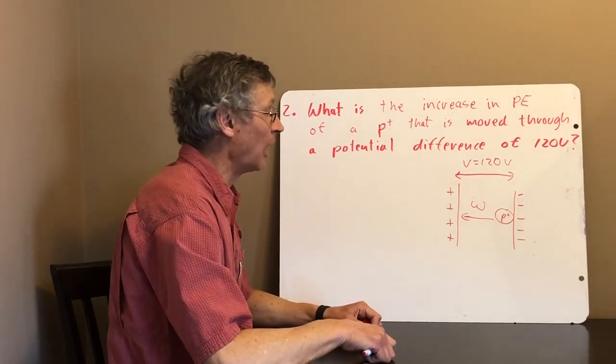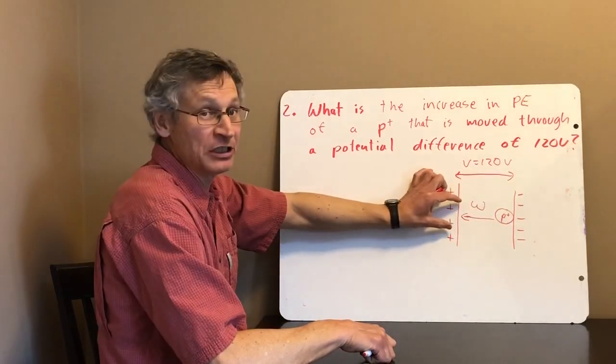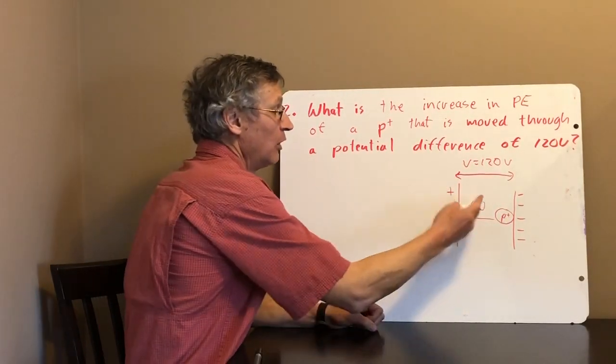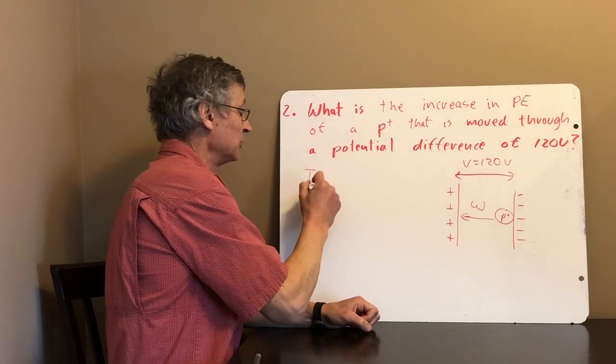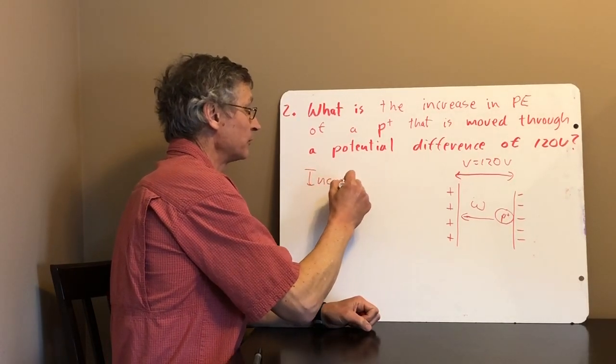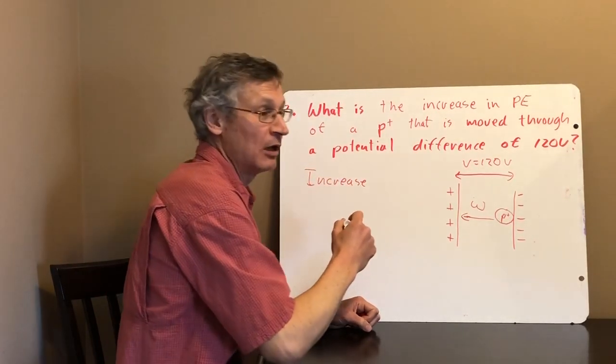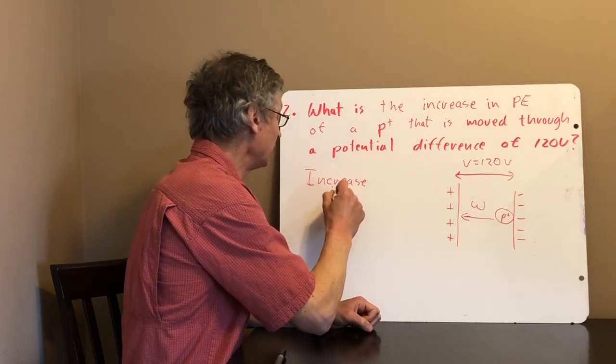And of course, the increase in potential energy is going to be equal to the work done. So, no different from when you're talking about things in a gravitational field.